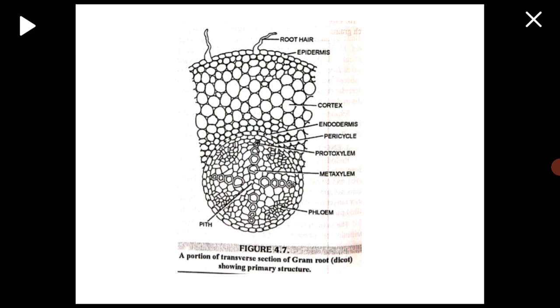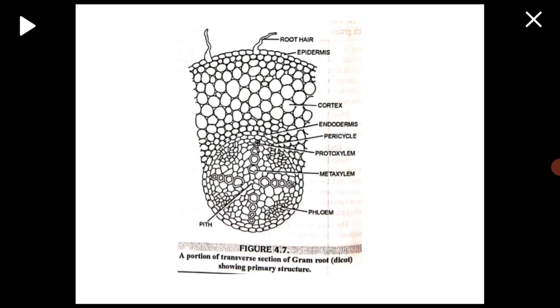In most of the monocots and a few dicots, the cells of the endodermis develop secondary wall thickenings over the whole of the inner tangential and radial walls. Some cells, usually opposite to protoxylem, remain thin-walled and are called passage cells.